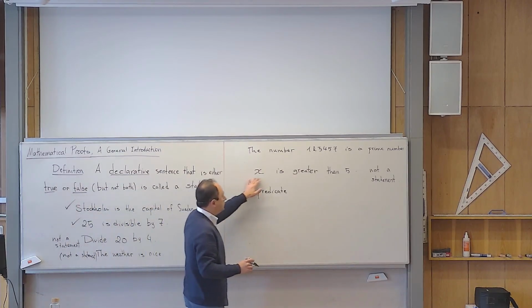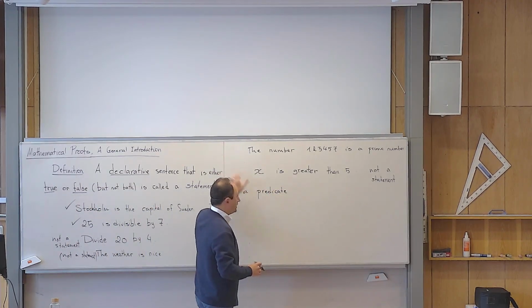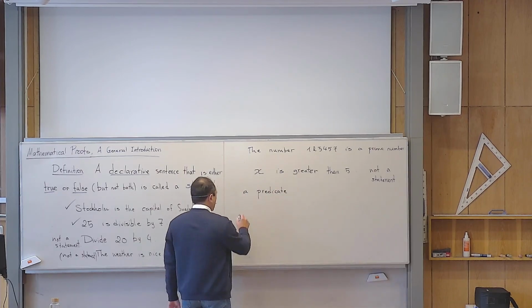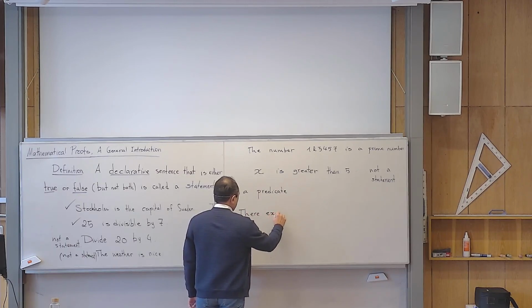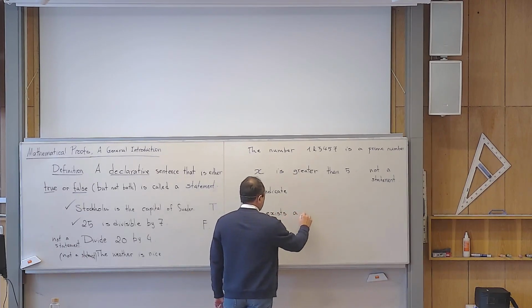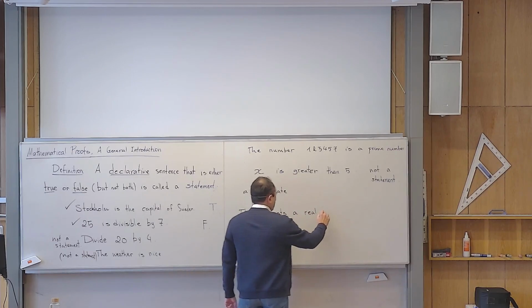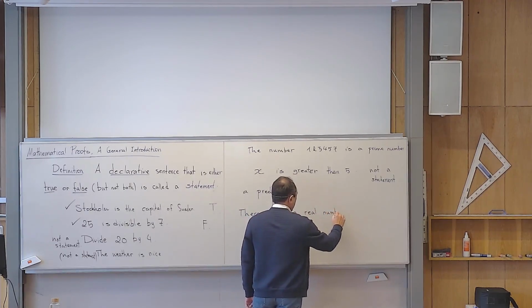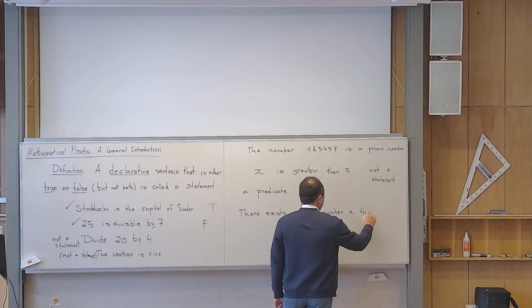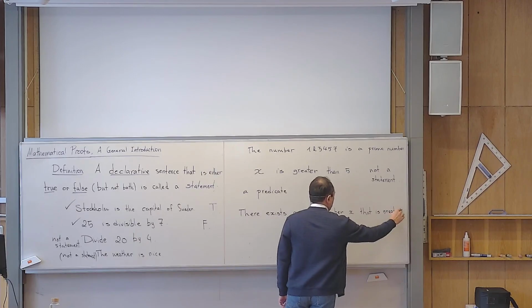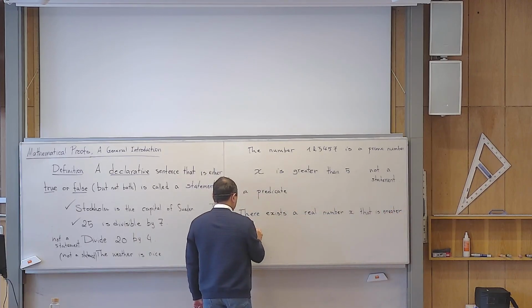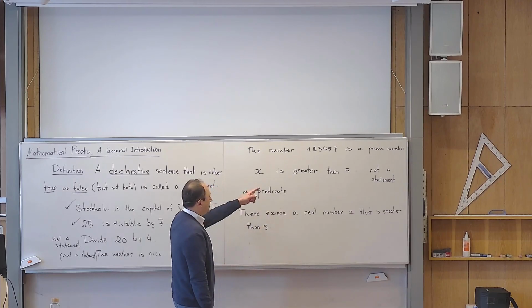So let me rewrite this sentence by adding a phrase to it. I would say there exists a real number x that is greater than 5.